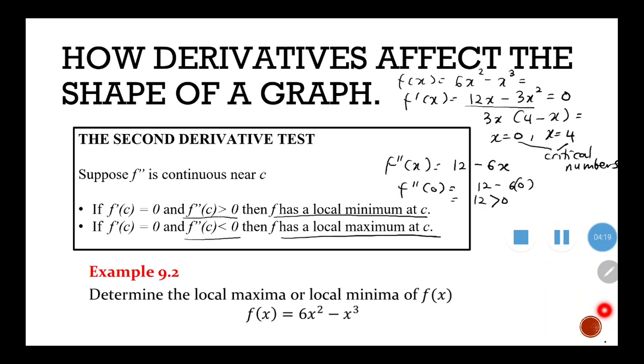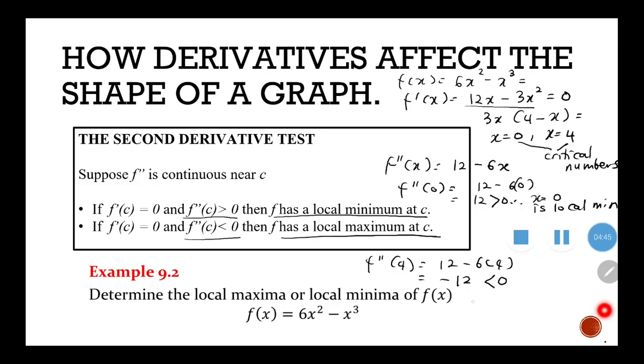which is 12, larger than 0. So if it is larger than 0, then f at x equal to 0 is a local minimum. Okay, now we put in 4 and see, you will get minus 12. Minus 12 is less than 0.